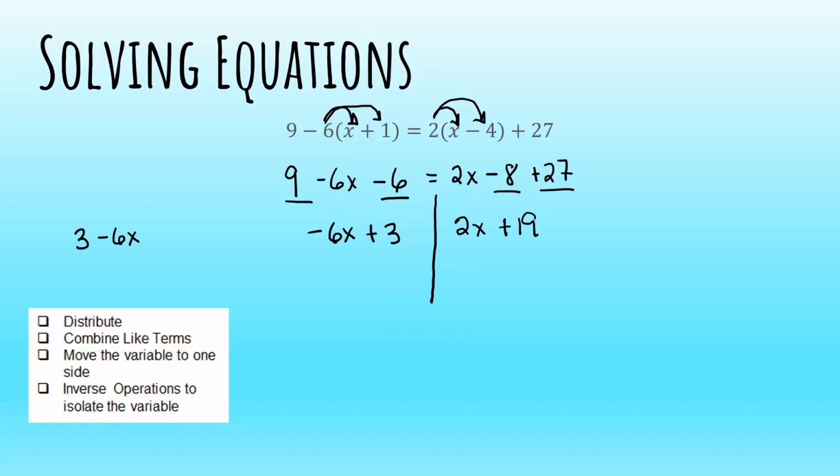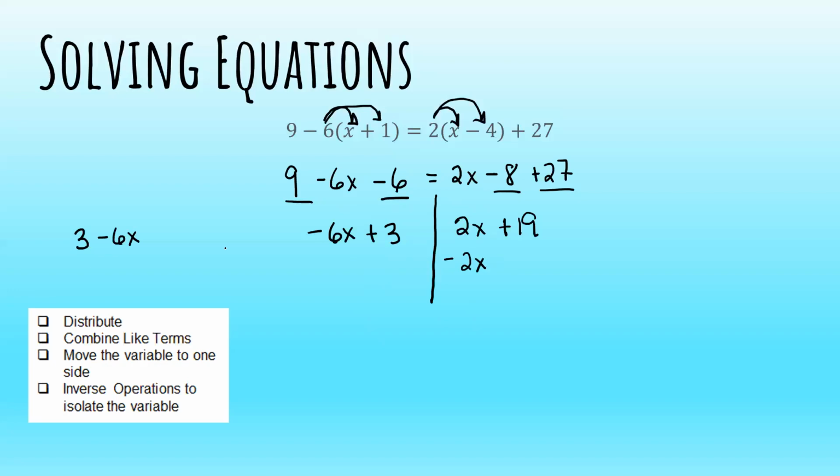Now from there, we want to move the variable to one side. It does not matter which side you want to move it to, as long as you get the variable that you're solving for all onto the same side. I like to keep my variables to the left, so I'm going to move my 2x. In order to move it, I have to do its inverse operation. This is a positive 2x, so to move it, I have to subtract.